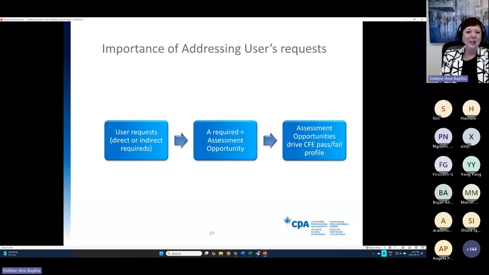Again, let's go back to the information I shared during understanding the CFE. When it comes to level 2 and level 3, you want to make sure that you do the best that you can and prepare as many competent responses as you can when it comes to management accounting, financial reporting, and your role.